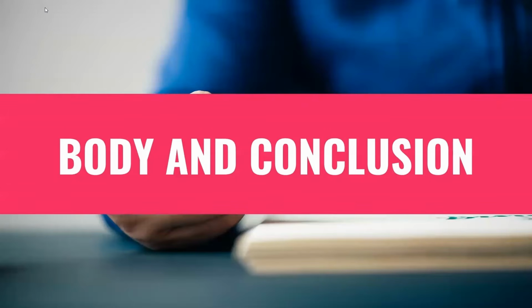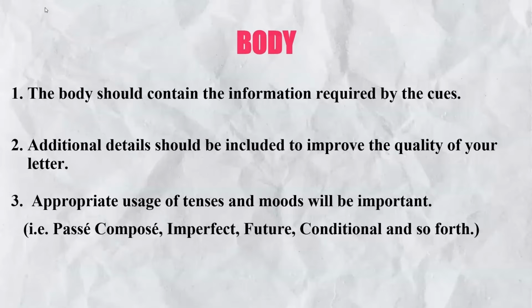All right, the body and the conclusion. So the body should contain the information required by the cues. Remember, we went through that earlier, right? Number two, additional details should be included to improve the quality of your letter.